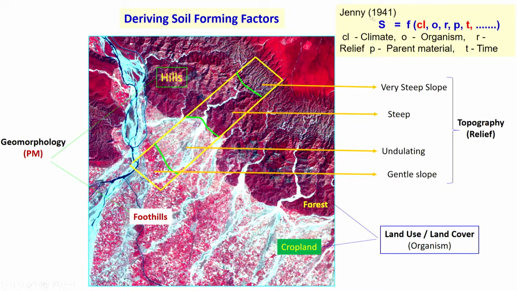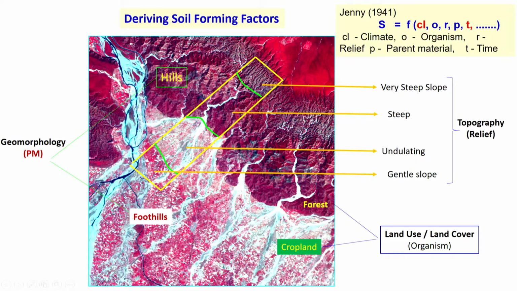And the third factor which is affecting our soil type is organism, that is the land use, land cover. And from remote sensing data we can very well interpret the land use, land cover map. Land use, land cover means this is the forest land, this is the crop land, this light red is crop land, and scrub land where different bushes are, that also you can interpret.